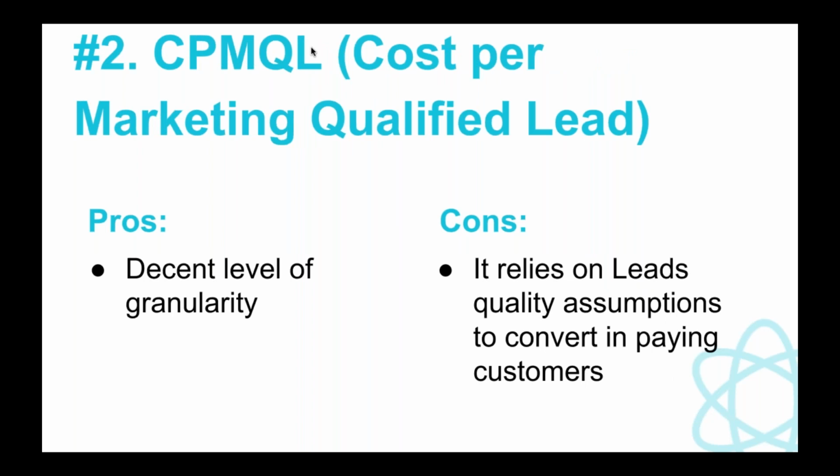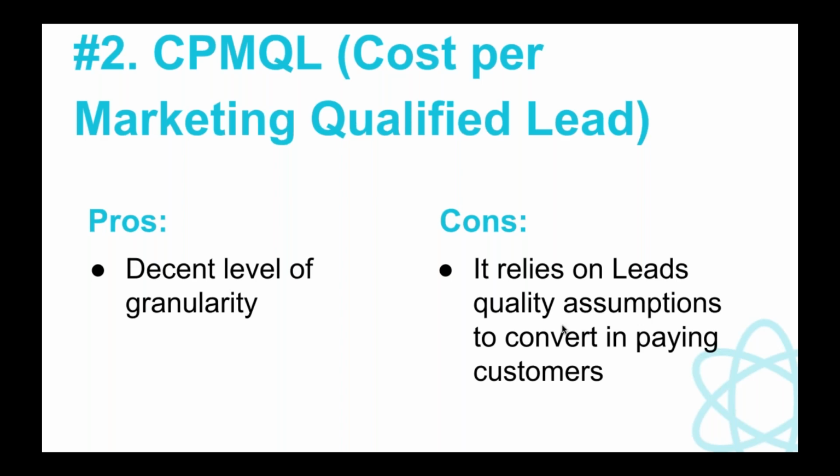The cost per marketing qualified lead is a little bit tricky because it does rely on a lead quality assumption, right? So in this specific case, we are analyzing with an average what it would be the lead quality that we're getting from each channel.